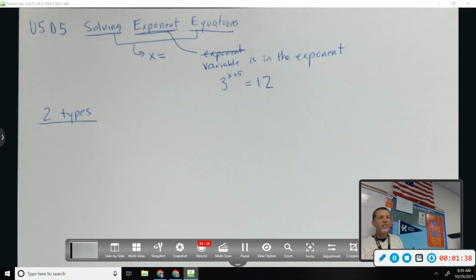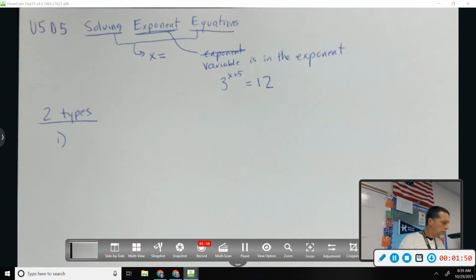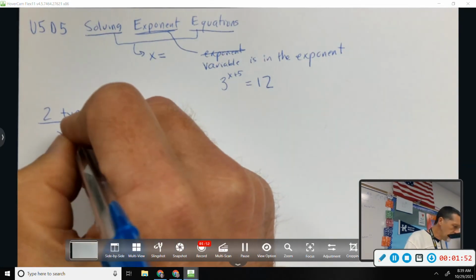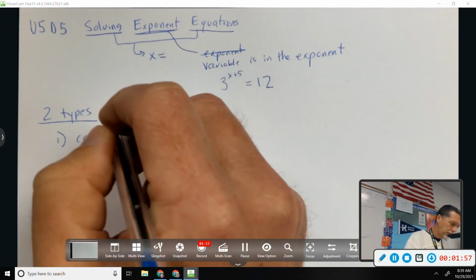There's two types of these. Very different types. Some people like one versus the other. I don't know that one is easier than the other. I think it depends on what you're good at as to which one you think is easier.